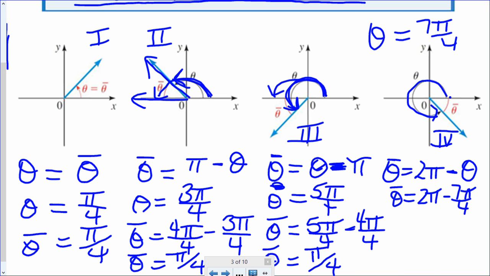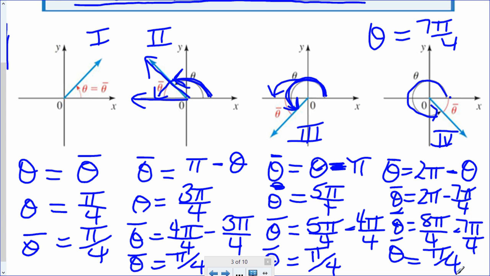So we're going to convert that 2 pi to 8 pi over 4 minus 7 pi over 4. And you may notice that we get pi over 4 again for our reference angle. This was kind of set up like this. If you notice, all of these angles have the same reference angle, which is pi over 4.